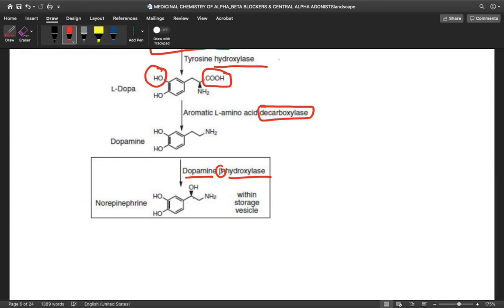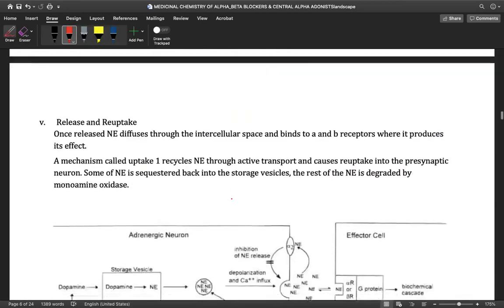Now, once norepinephrine is synthesized, it's going to be stored within the storage vesicles.